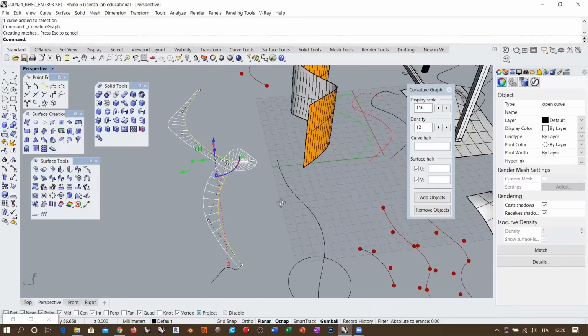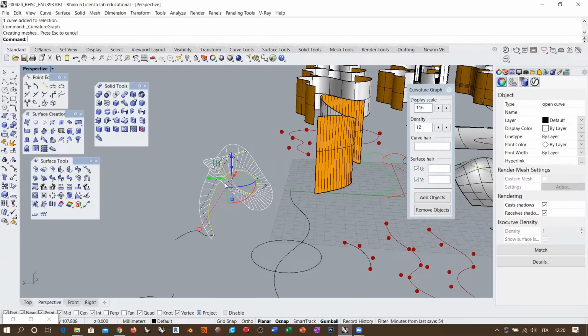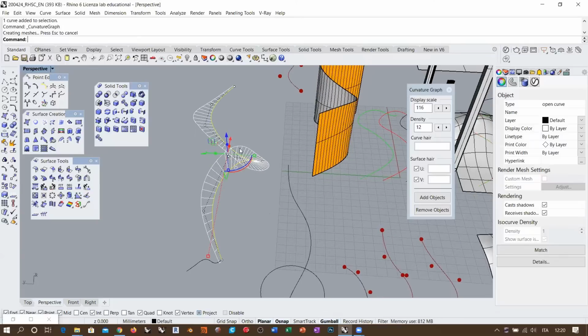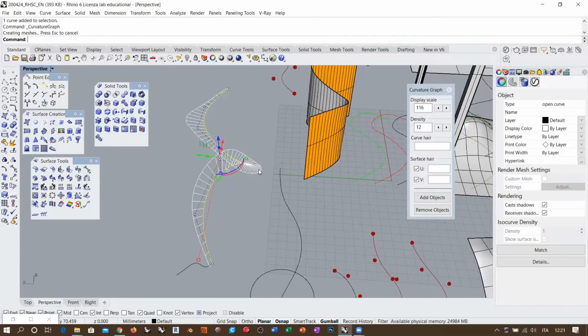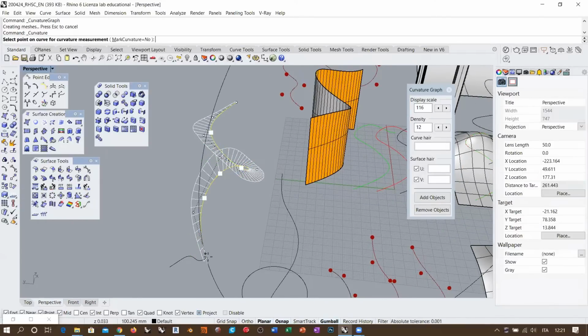Because the curvature graph appears on the opposite side of the curvature circle. Now, the curvature circle, if we want to visualize this, we keep the curvature graph visible, and we can conduct a curvature analysis along the path. You see that this curvature circle here is changing the orientation.